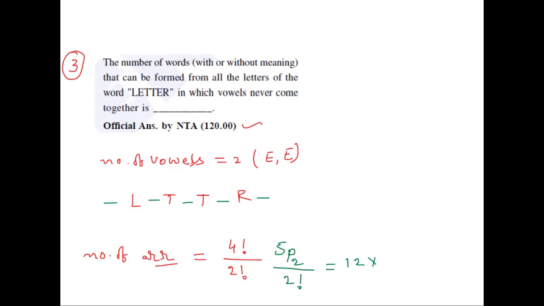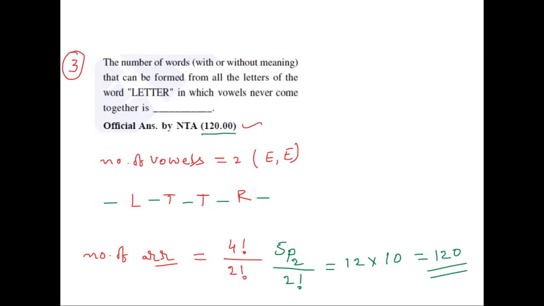So how much do we get? 5 into 4, 20, by 2, 10. That is equal to 120. 120 is the answer. So the actual answer we want to write is 120.00. After the decimal we want to write 2 numbers. Okay. So the official NTA answer is also 120 only. This is also a very easy question.